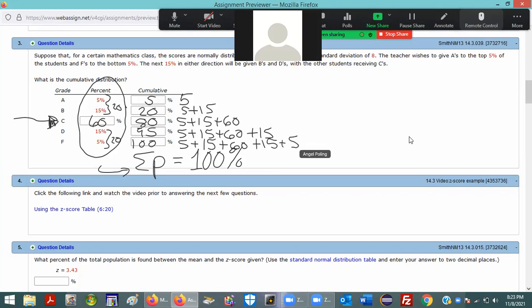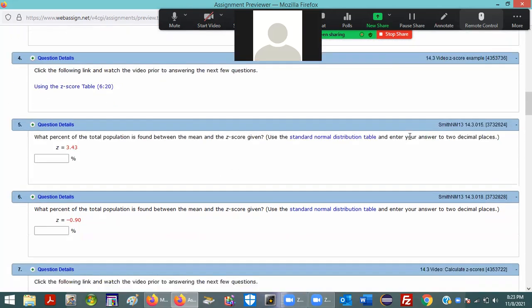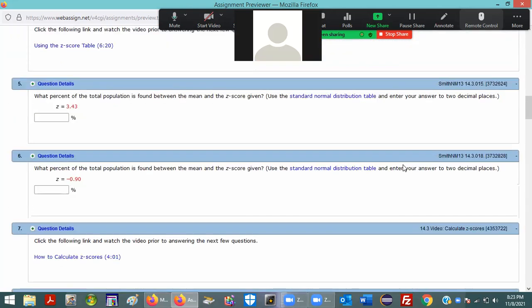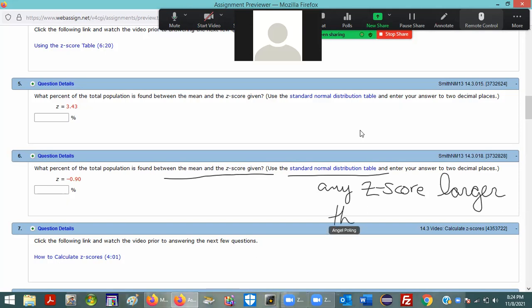Okay. On number 5, what percent of the total population is found between the mean and the z-score given using the table? The table says any z-score larger than 3 use 0.4999, right?